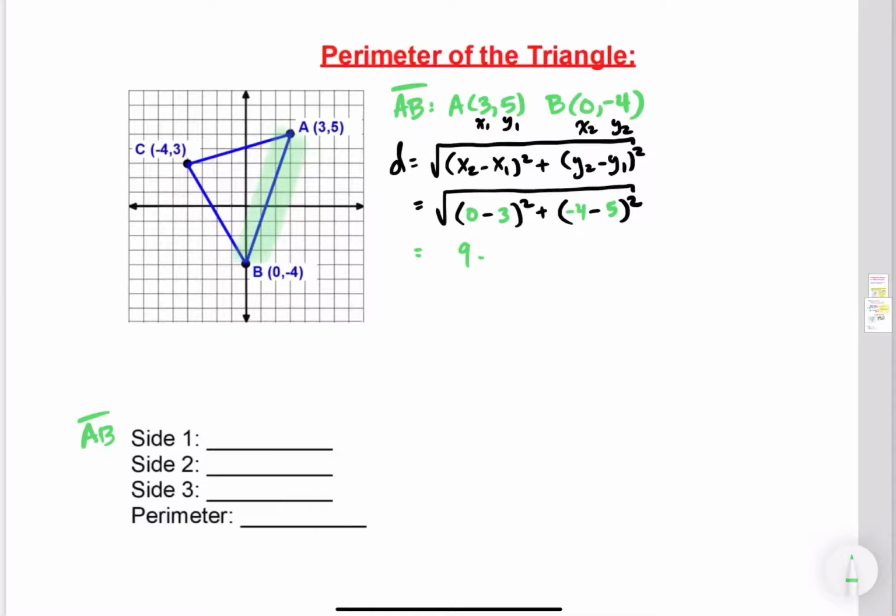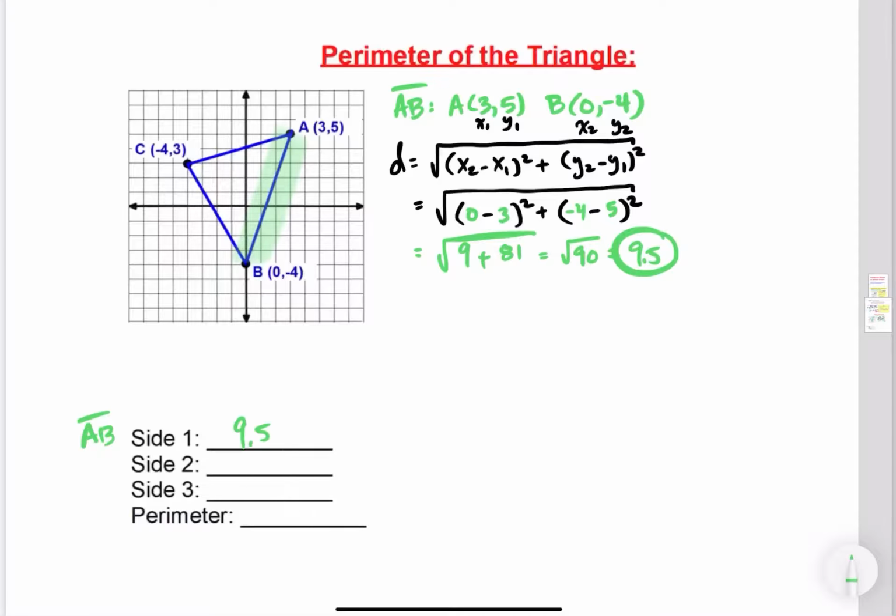And then we have plus negative 4 minus 5, which is negative 9, and negative 9 squared is going to give me 81. So now I got 9 plus 81, which is 90, so now we got the square root of 90. If you type that into your calculator, that's approximately 9.5. So there's our first side, 9.5.